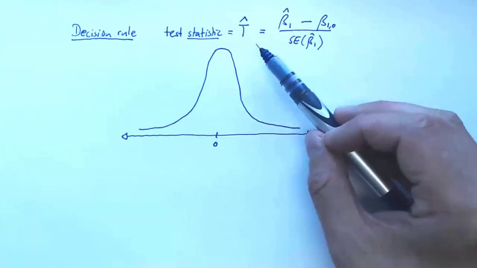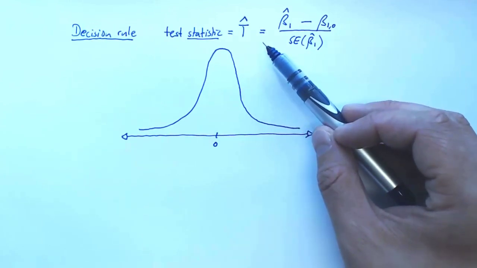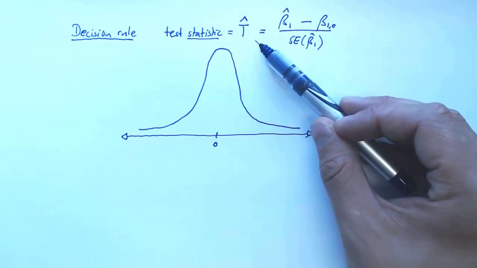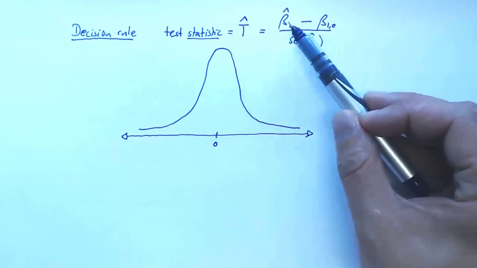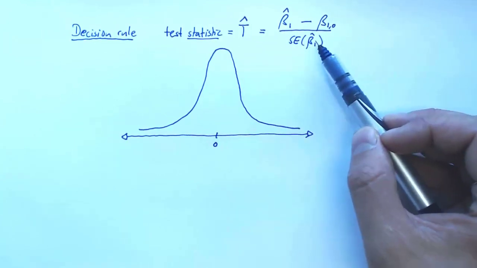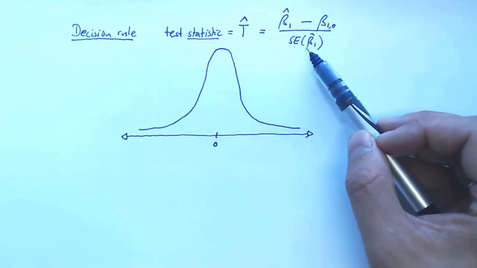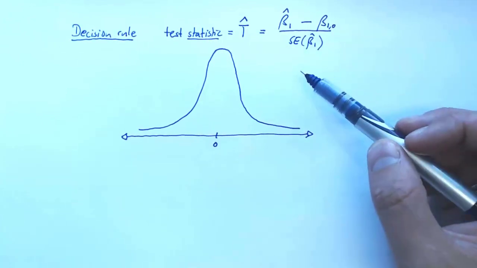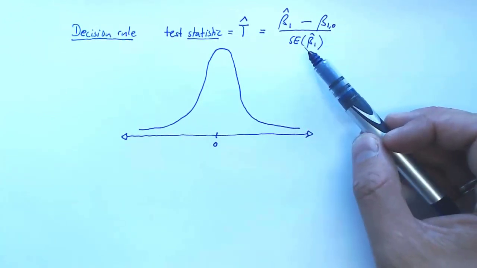Looking at it before we draw the sample, t hat obviously is a random variable, but we can evaluate it at any sample and then it will give us a number. So this is a recipe to compute for every sample that we might draw a number, right? We compute this number, and if this number is too large, we reject.